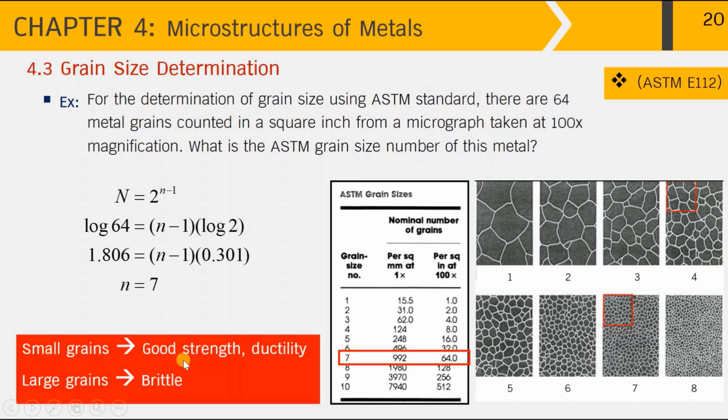Therefore, small grains will give good strength and ductility, and on the other hand, larger grains tend to make the metal behave in a brittle manner, and that is having more chance to fail in service. For engineers, refined grain size or small grain microstructures are more preferable for engineering applications in service at normal condition or at room temperature.